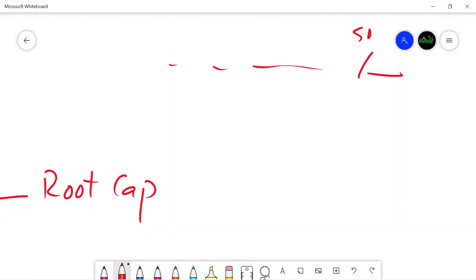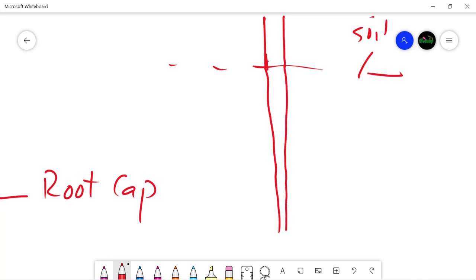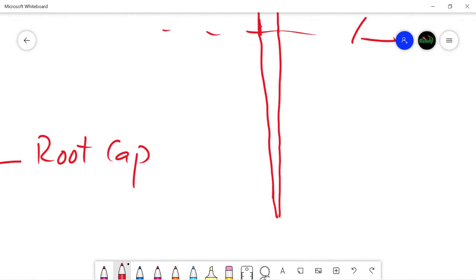This is soil and this is the stem, and now we are entering the area which is usually called the root stem transition, where the stem changes into root. So this is root. This is a cylindrical organ which grows downwards into the soil and bears at its tip a small cap which is known as the root cap.